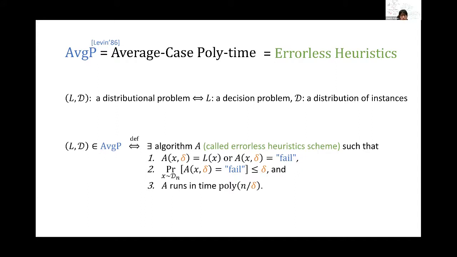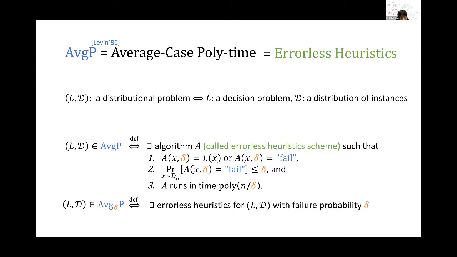And we require that A runs in time polynomial in n and 1/delta. And I'm going to use the notation Average_delta P to denote the class of LRS heuristic schemes with failure probability fixed to delta.